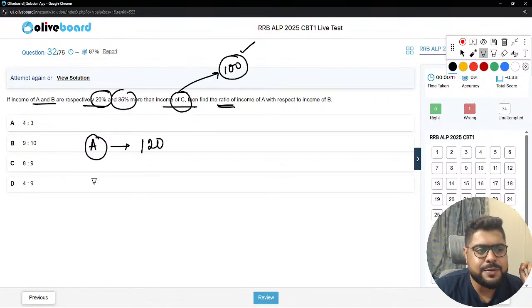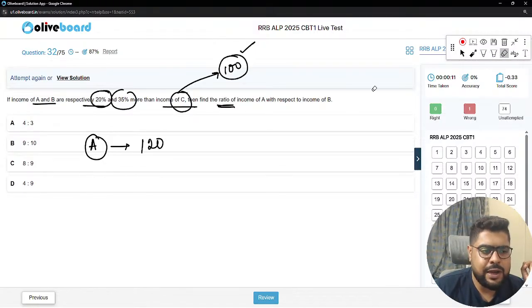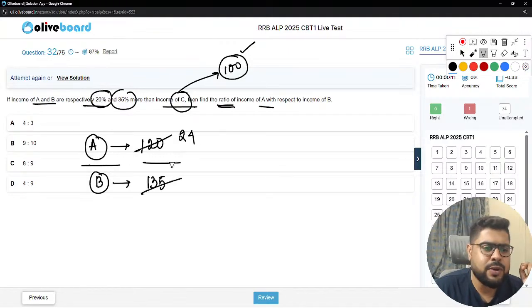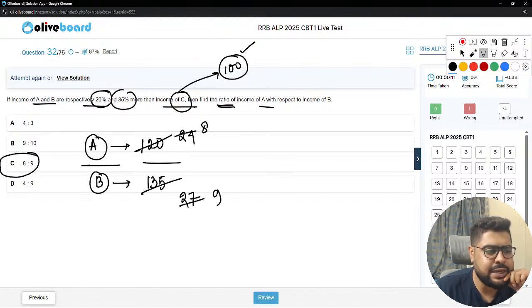The income of B is 35% more, that is 135. Ratio of income of A to B: 24 to 27. The 3 8s are this, 3 9s are this. 8:9, option C is the answer.